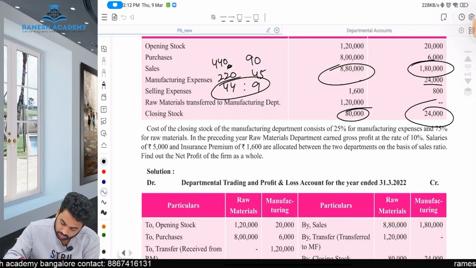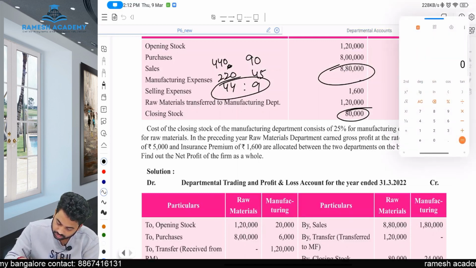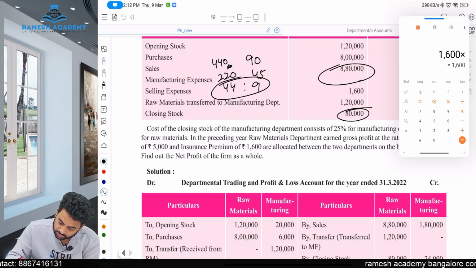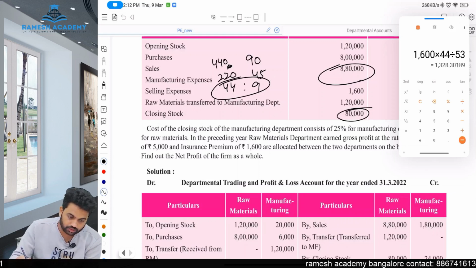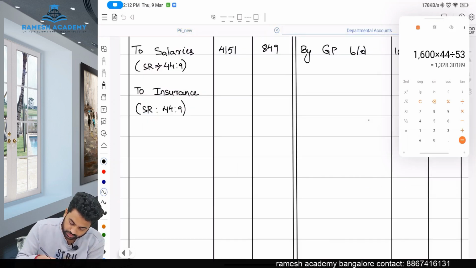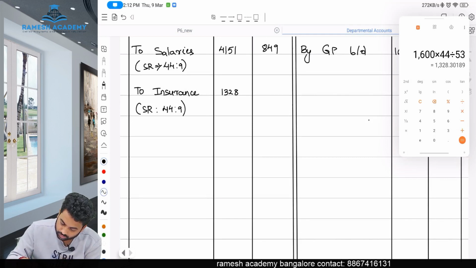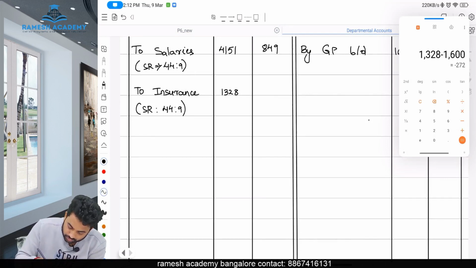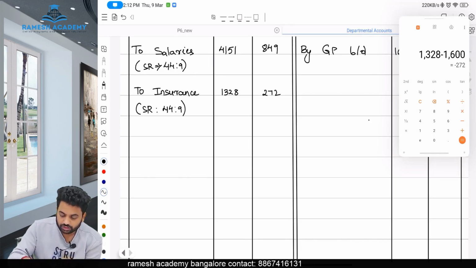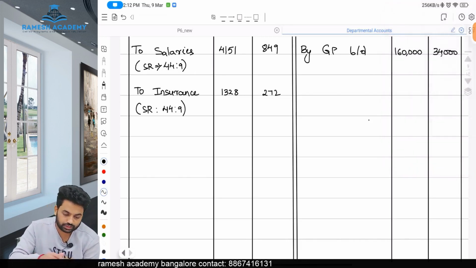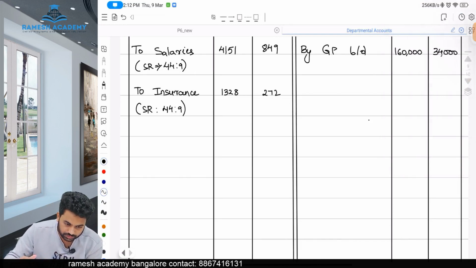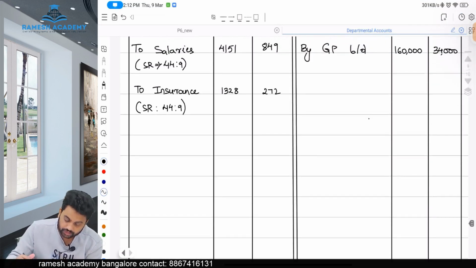Insurance was 1,600. 1,600 into 44 divided by 53, 1328. 1328 minus 1,600, 272. Insurance allocation is like this. Okay sir, done. Now we have to adjust the stock reserve.